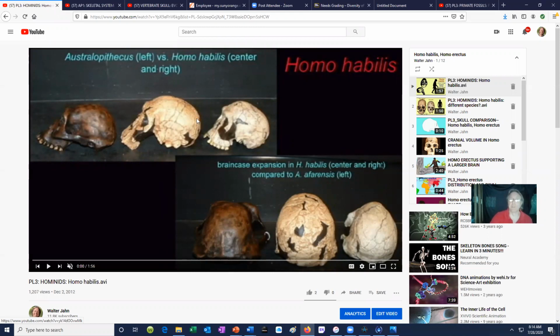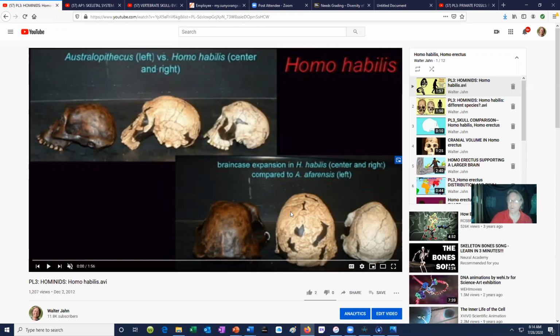And so when you look at ancient skulls, Australopithecines have a brain volume which is within chimp range. Homo habilis a bit bigger. And Homo habilis, if you notice, there is more of an expansion of the cranium. The frontal bone is higher.